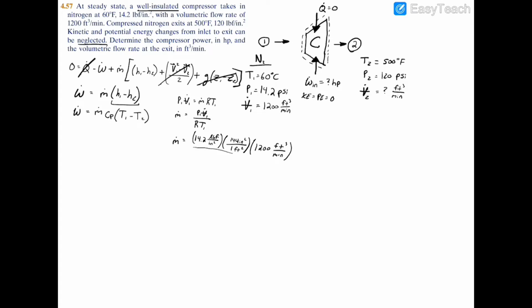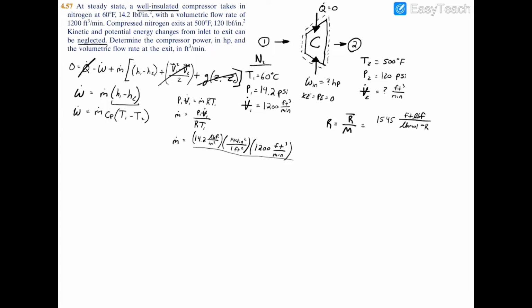Next we need is our gas constant for nitrogen. So to find the gas constant, we have R equals the universal gas constant divided by the molecular weight. So the universal gas constant in English units is equal to 1545, and the unit is foot pound force, which is the unit for work, divided by pound mole degree Rankine.